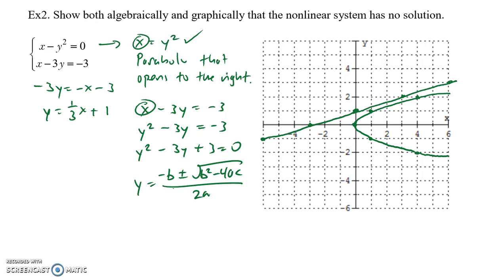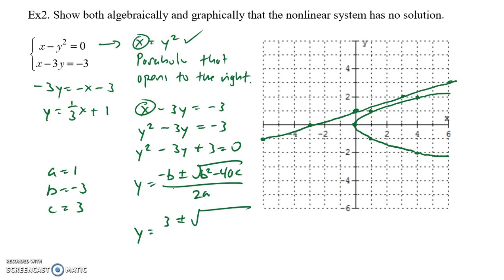In this particular case, a is equal to 1, b is equal to negative 3, c is equal to positive 3.